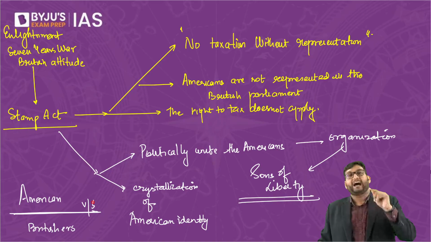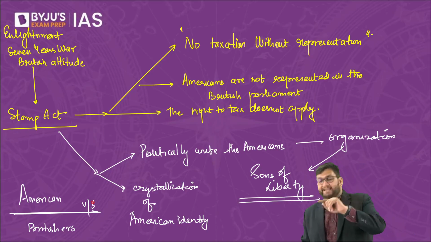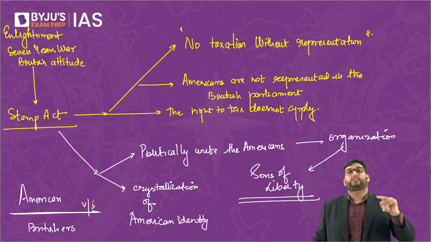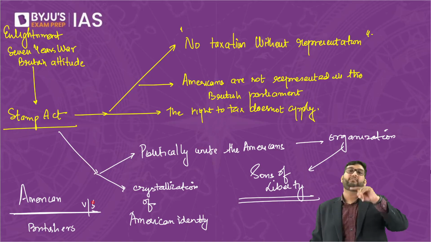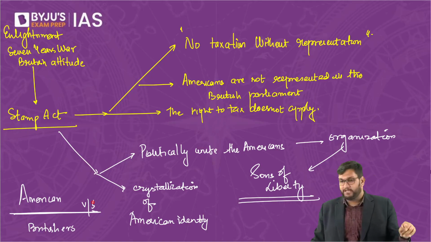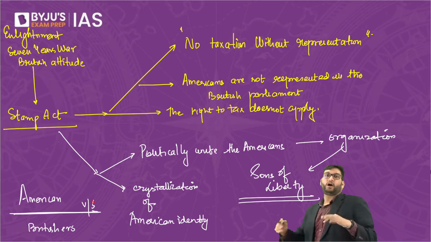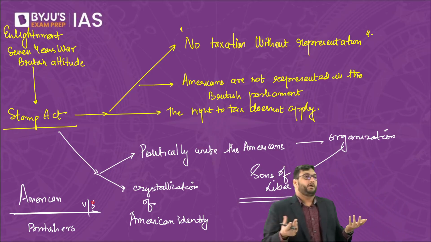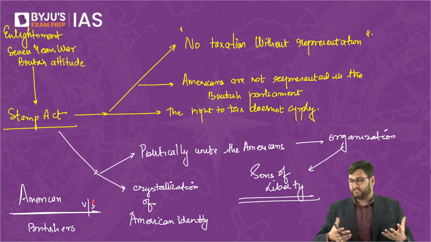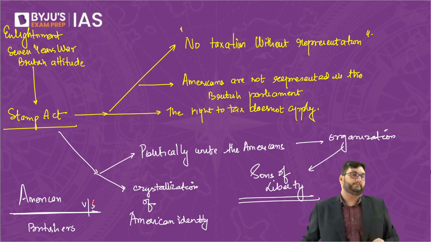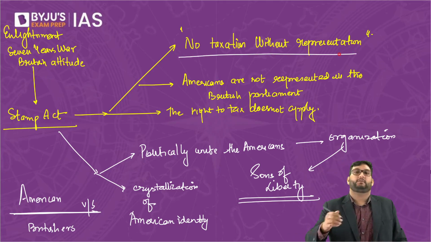But you see how, when you try to put in this concept of white domination over white people, this is their privilege speaking. That no, how can you tax us? In a colonial relationship also, they want equality, which is that no taxation without representation.